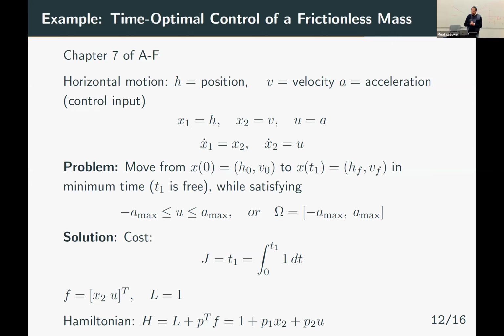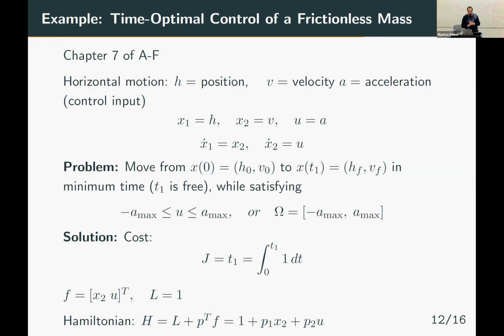We are going to consider what the book calls a double integrator. It's nothing but a frictionless mass. You have a mass that has a position and a velocity, and it moves in space without friction.